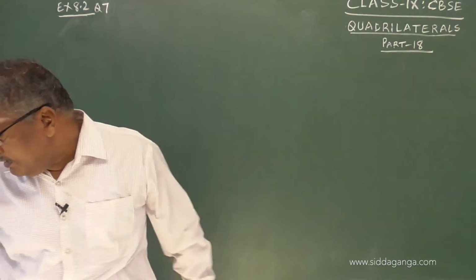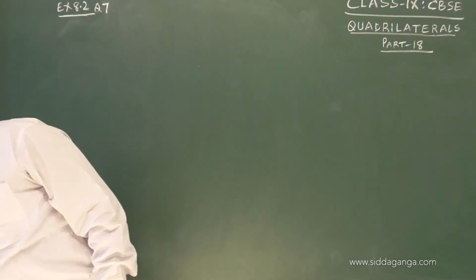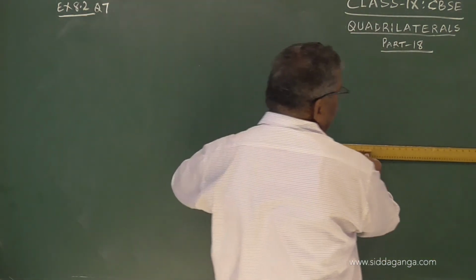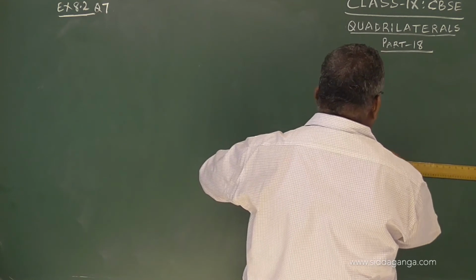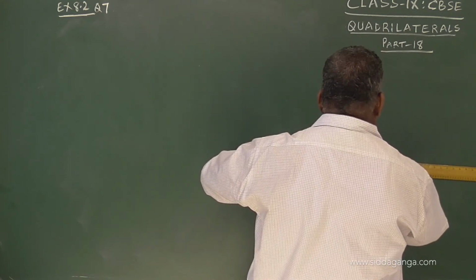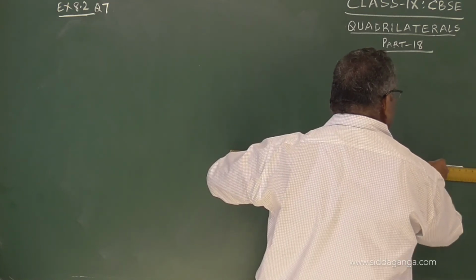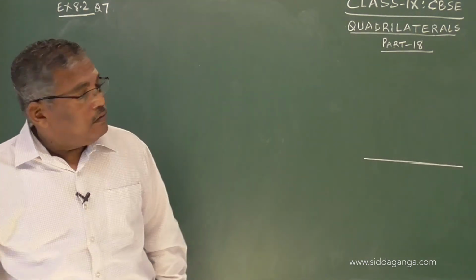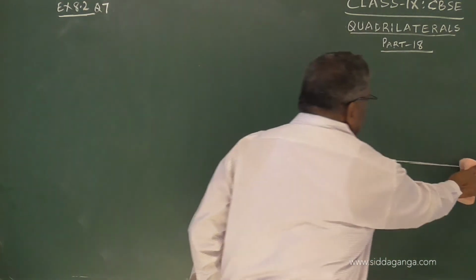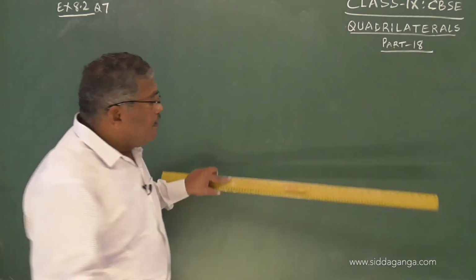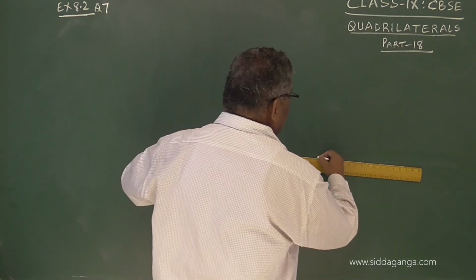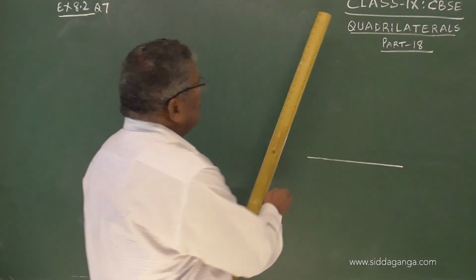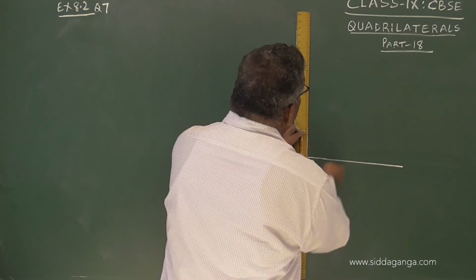So question number 7 says ABC is a triangle, right angle at C. So I will draw the figure now. It's a right angled triangle.